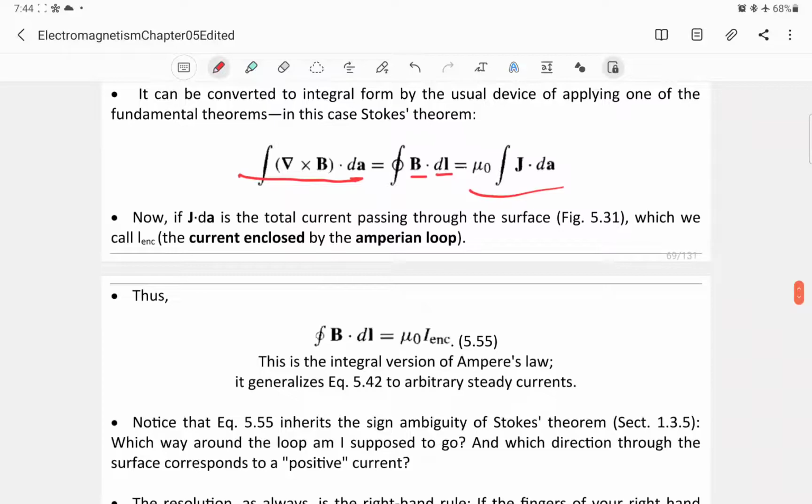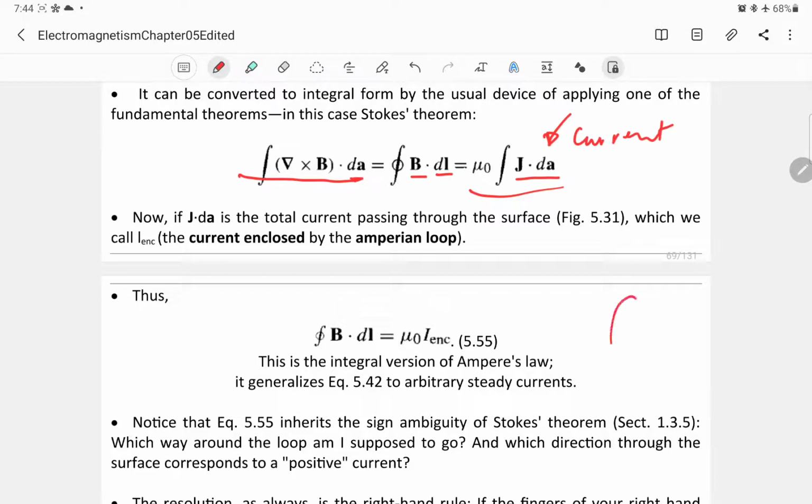By the way, this J·dA, you're going to integrate the total current passing through the area, the cross-sectional area, and this is just the total current.